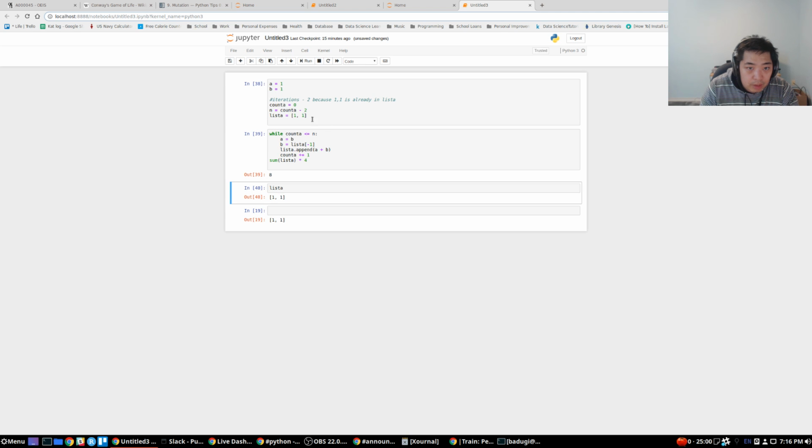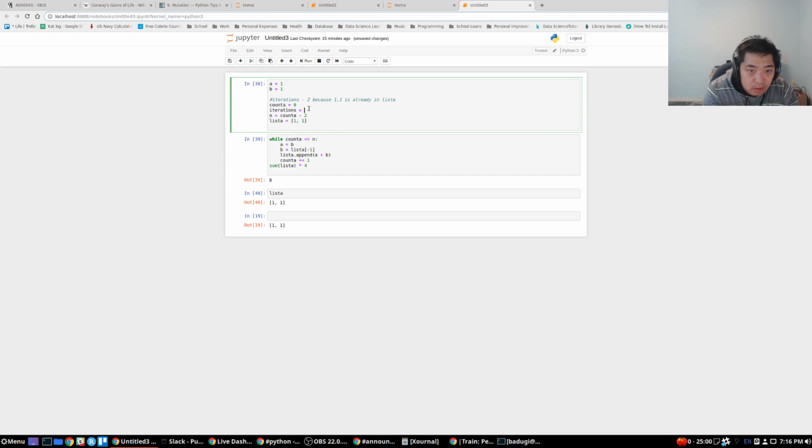Oh wait, I have to achieve how many iterations there are. So let's say if I did 6, it would be iterations minus 2. So while count is less than or equal to n, yeah, it still works. 132. What's lista? 0, 1, 2, 3, 4, 5, 6.